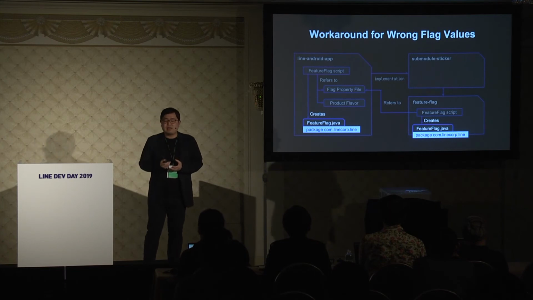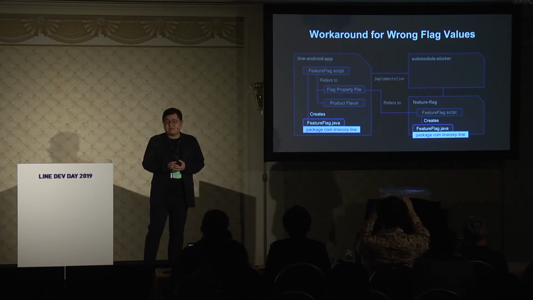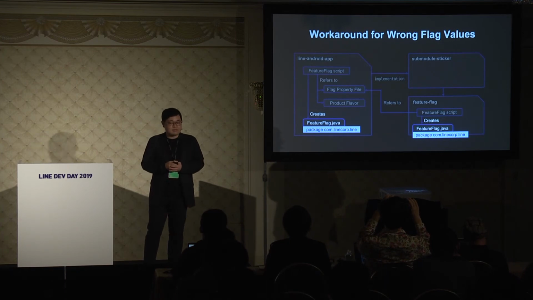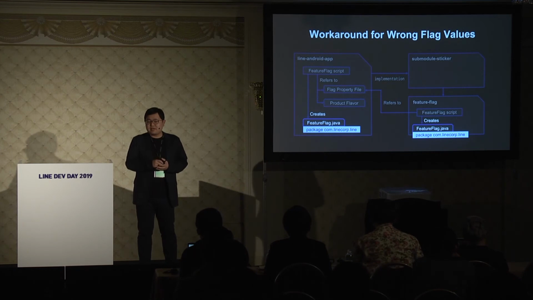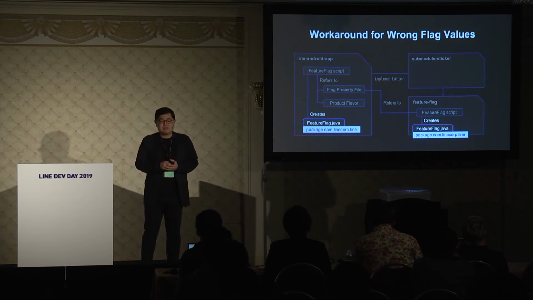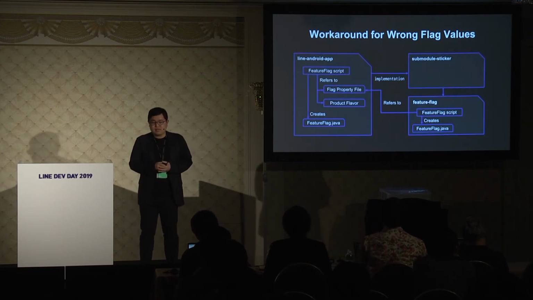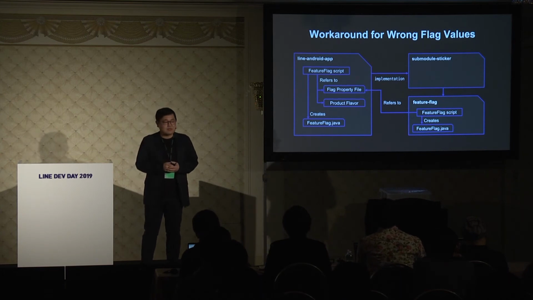So we decided not to use build config, and we prepared a feature flag dedicated class. And with that, the control is feasible by our side. So we can control from the script side with regard to the package name. So we can generate the completely same class.